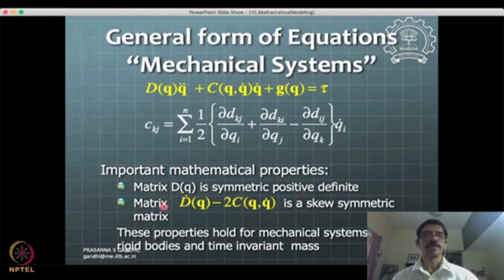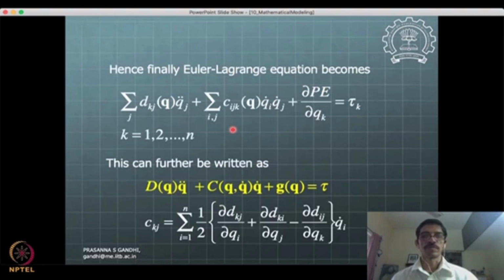Okay, this matrix D dot minus 2C is skew symmetric. So you see that this C matrix can be developed in many different kinds of ways. Okay, given this as a quadratic form here, I can have different combinations of the terms coming.